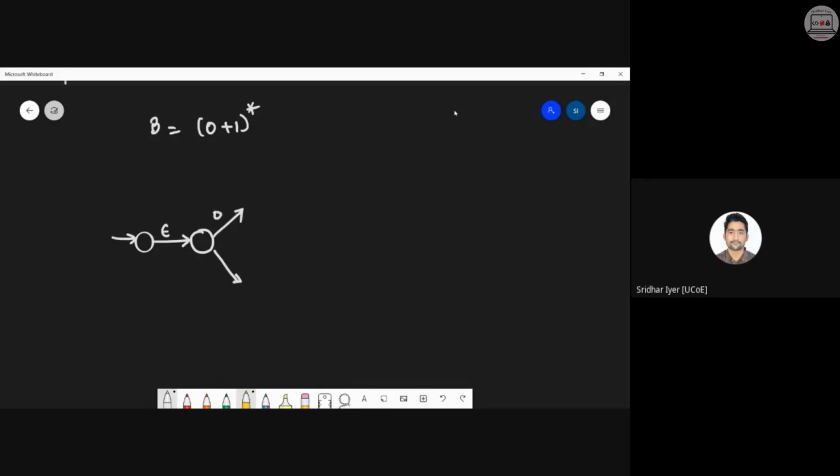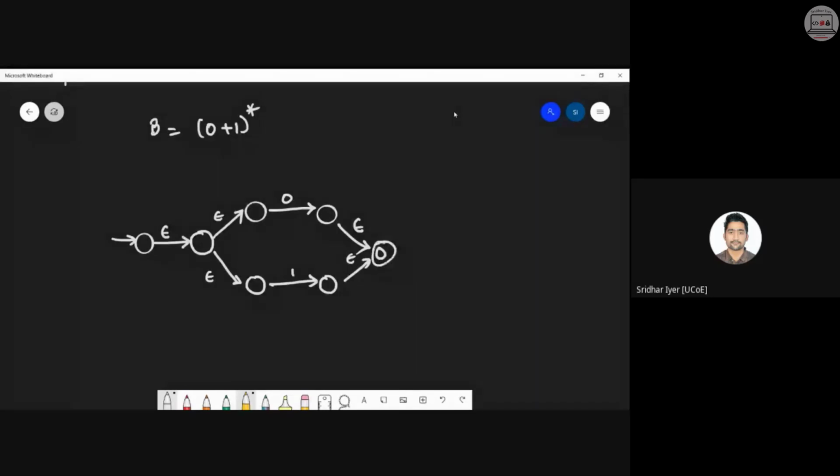We have done a similar kind of problem over here. This is epsilon, this is epsilon. In this state, we are going to accept 0. In this state, we are going to accept 1. Combine them together, and that will be your final state for this particular RE. Sorry, this closure, right?